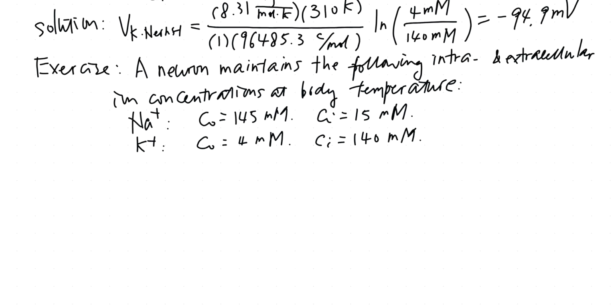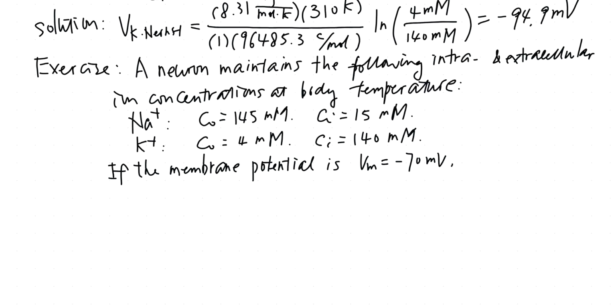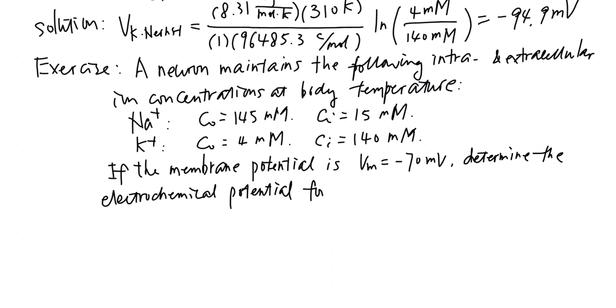If the membrane potential is given, so if the membrane potential is Vm equals minus 70 millivolts, determine the electrochemical potential for each ion.